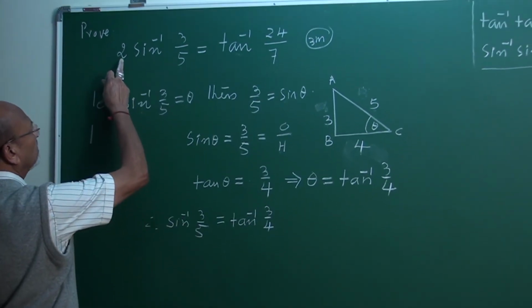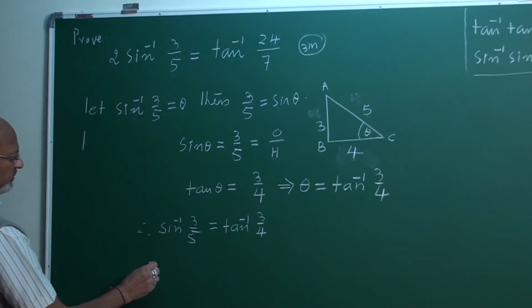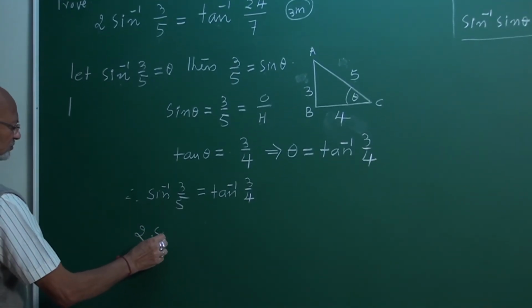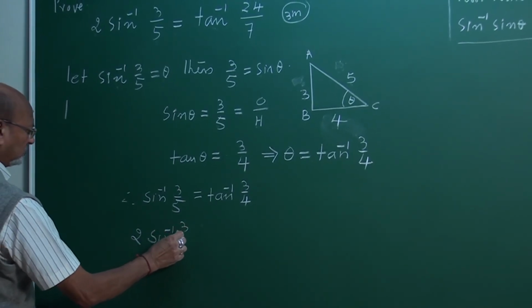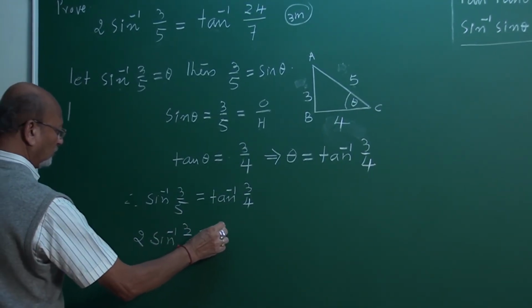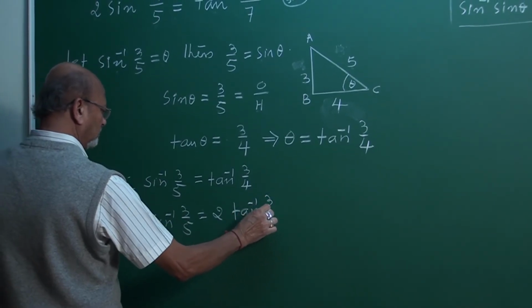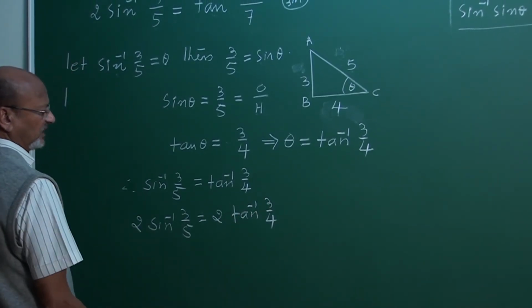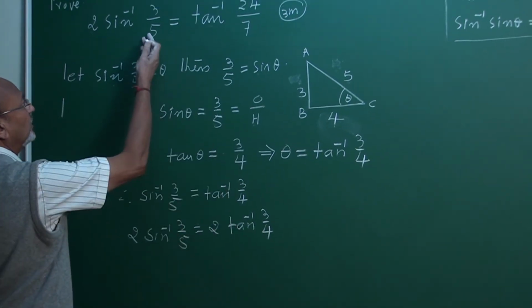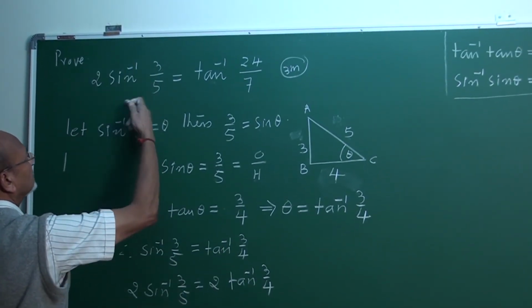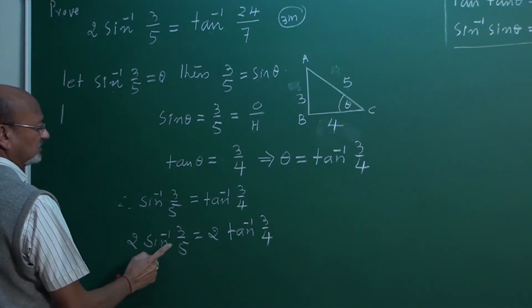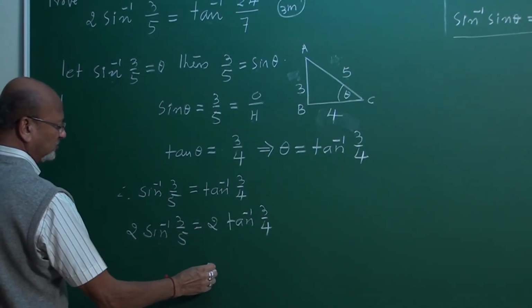You have 2 here, multiply by 2: 2 sin inverse 3 by 5 equals 2 tan inverse 3 by 4. You want to simplify this. You wanted 2 sin inverse 3 by 5, so you must change this side.